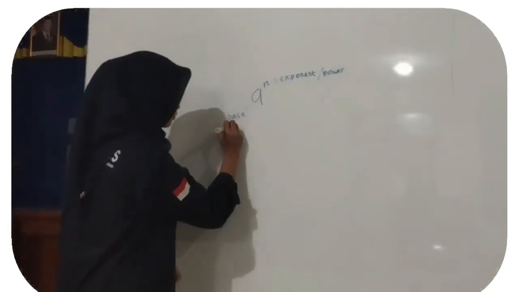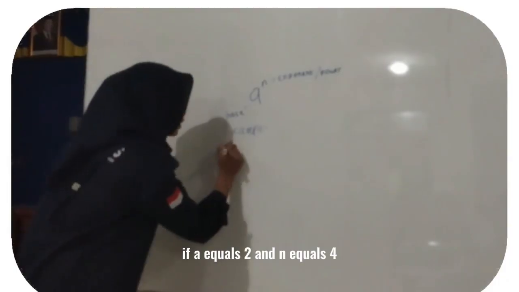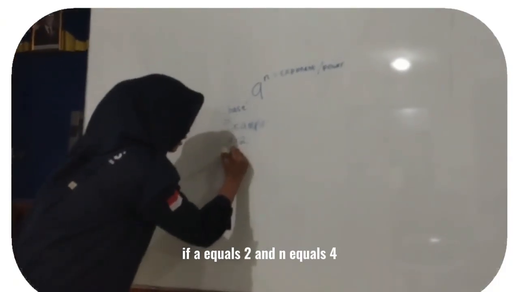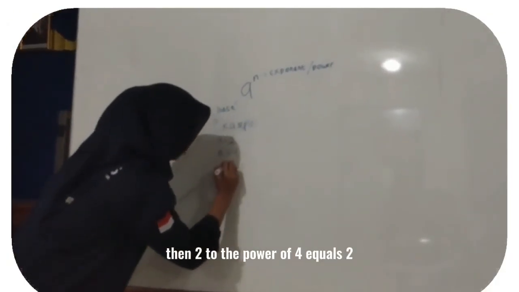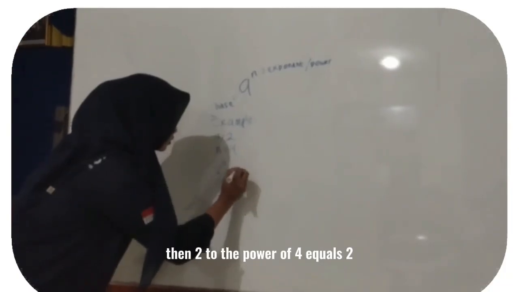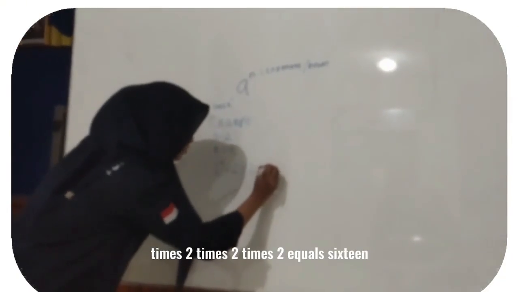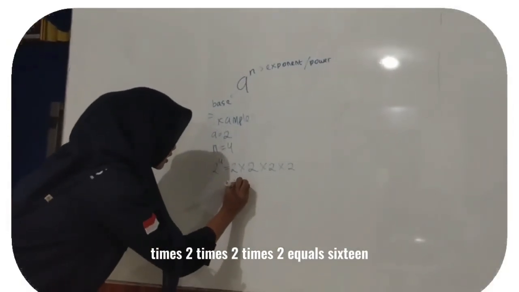For example, if a equals 2 and n equals 4, then 2 to the power of 4 equals 2 times 2 times 2 times 2 equals 16.